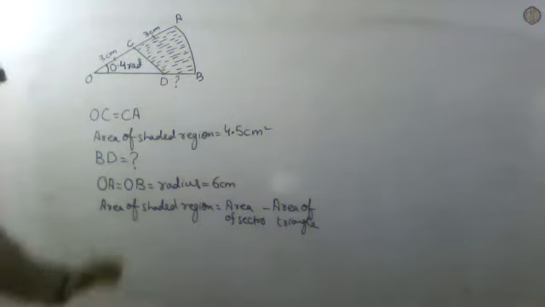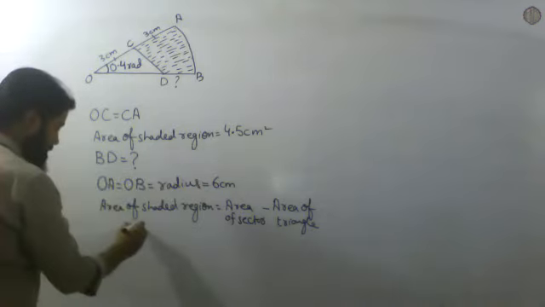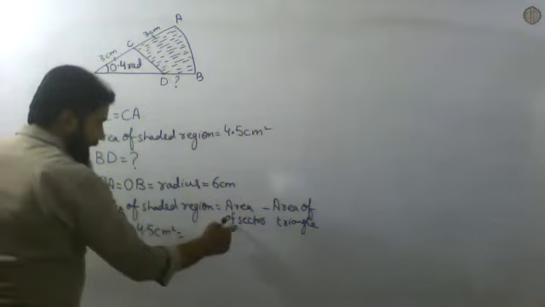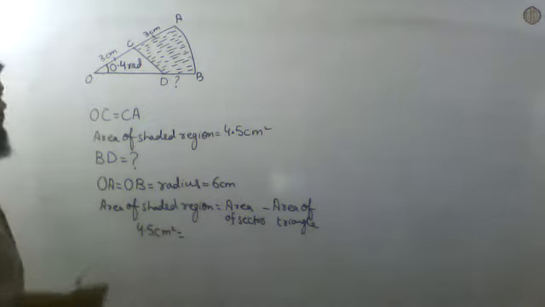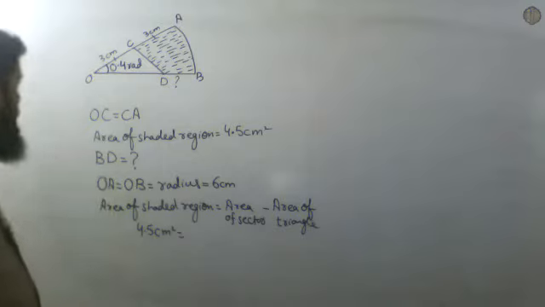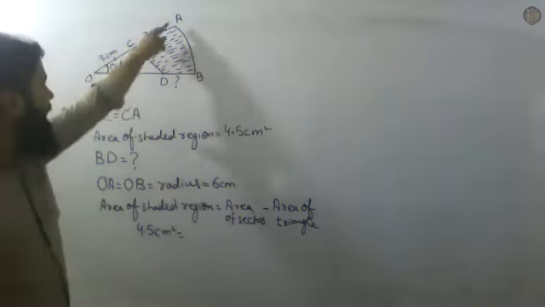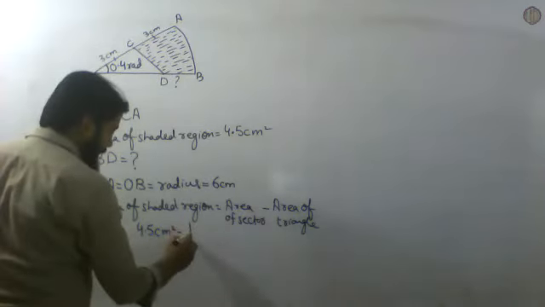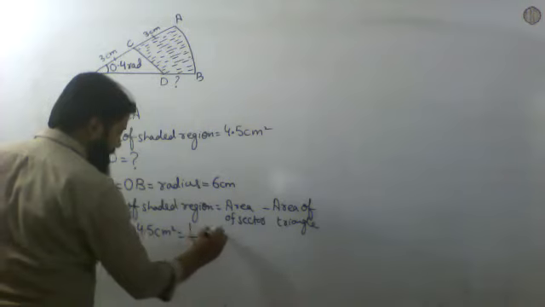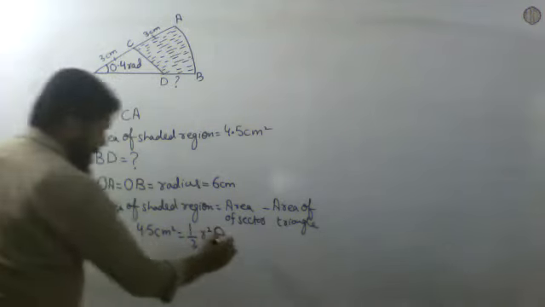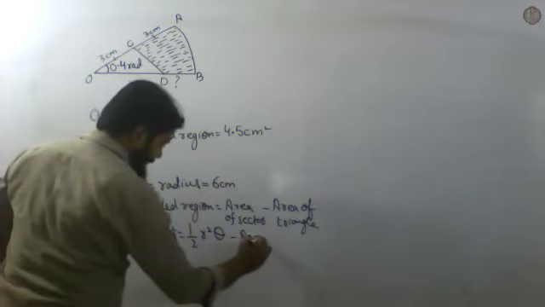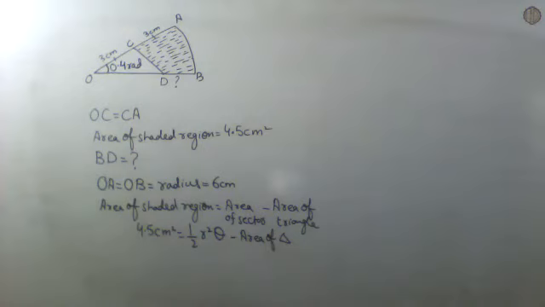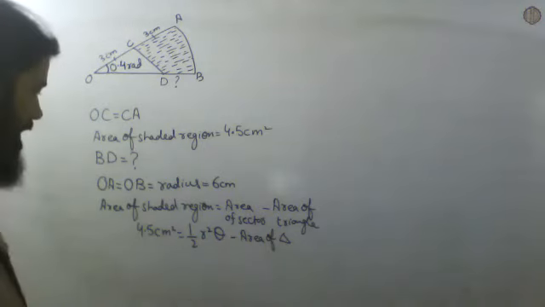So, doing my work, area of shaded region was given 4.5 centimeter square. Area of sector, there are many formulas, but I have got center angle and the radius, so I am going to use half r square theta minus area of triangle. For that I don't know anything, so I'm just keeping it like that till now. I will do the working later.